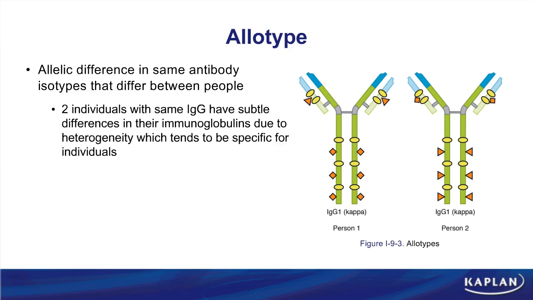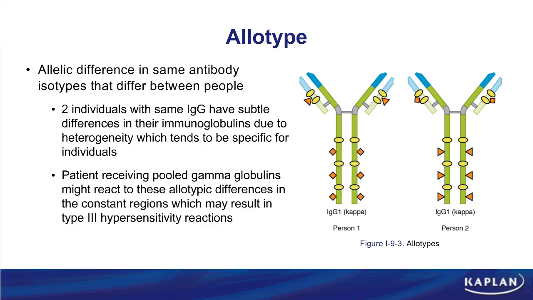So why does this even matter? Well, it matters when you have a patient who is receiving pooled gamma globulins. Why is that? Well, anybody who's receiving gamma globulins is usually sick. They have a tendency to receive multiple transfusions. And what will happen is that over time, they are going to establish their own antibodies against the allelic variations.